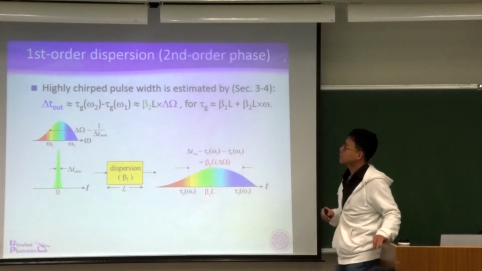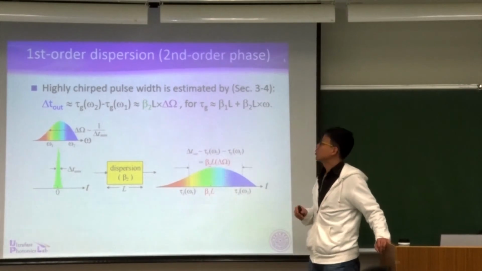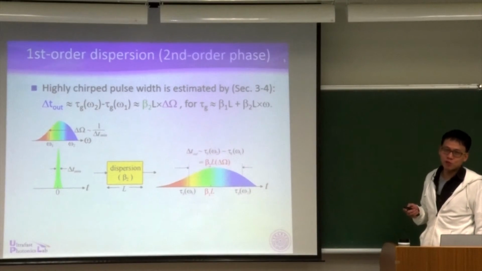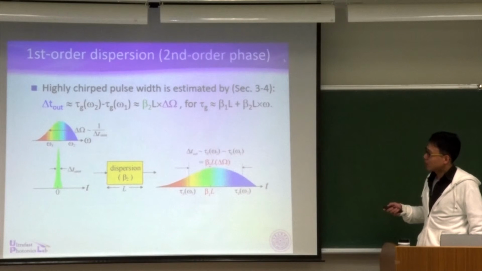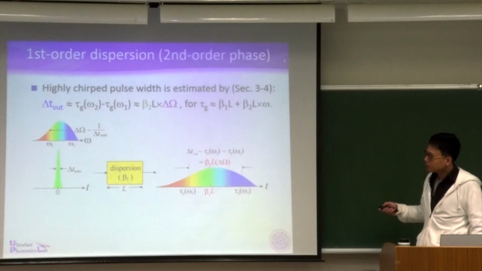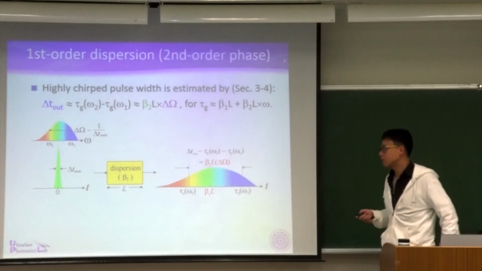Next, first order dispersion or second order spectral phase. You have seen the same picture before. Say you have an input pulse, the green one, a transform limited pulse. In the frequency domain, you have a broad spectrum from red color to blue color.